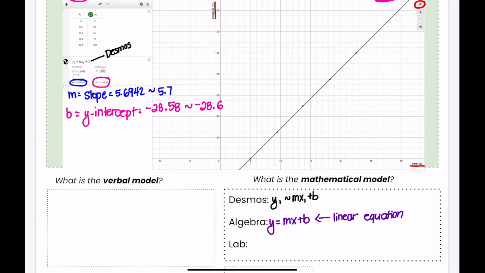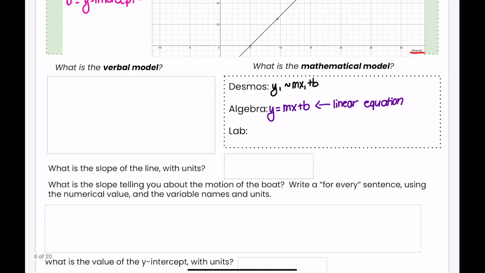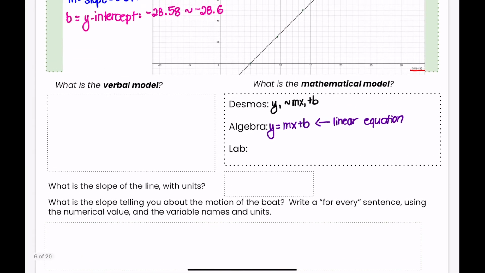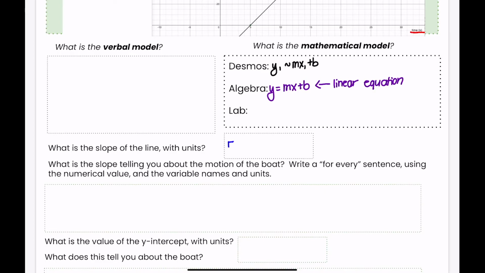Okay, and so that's why it makes a straight line, because it's the linear equation. Now we'll leave our lab equation for later, and let's go through this. The slope of our line, with the units, my number is 5.7.